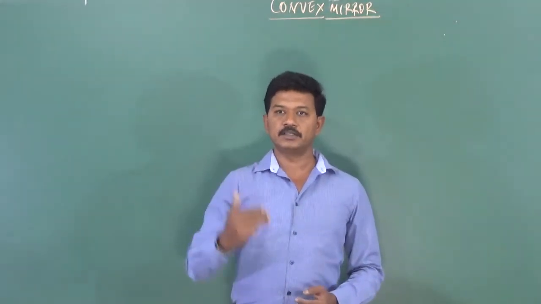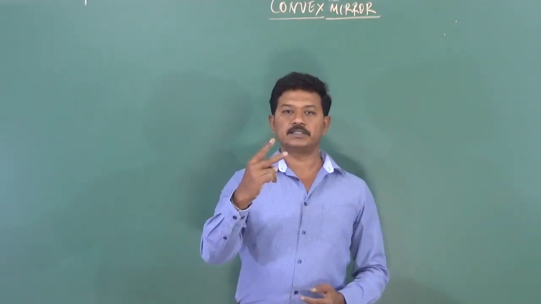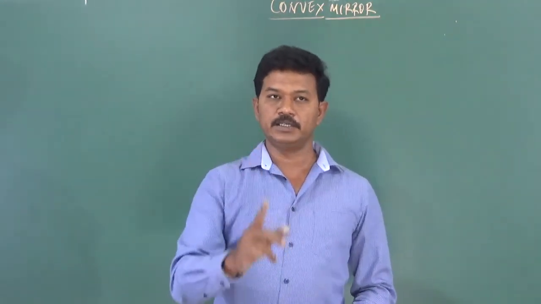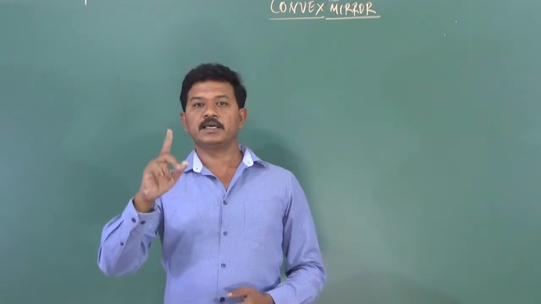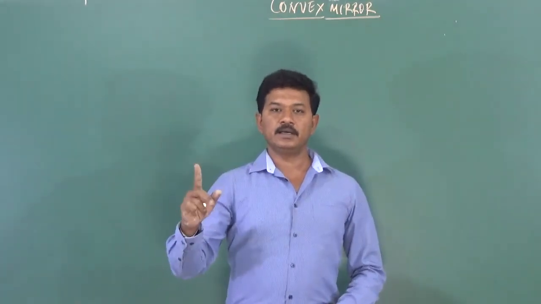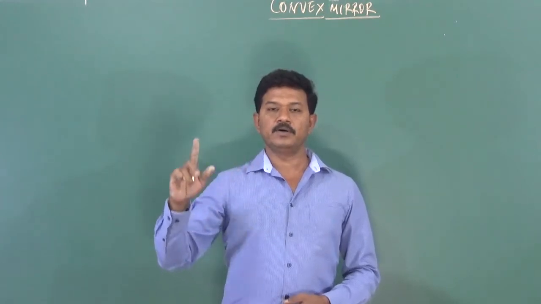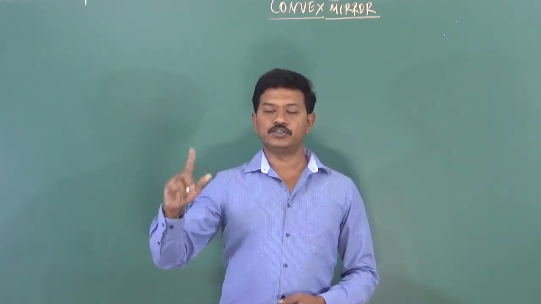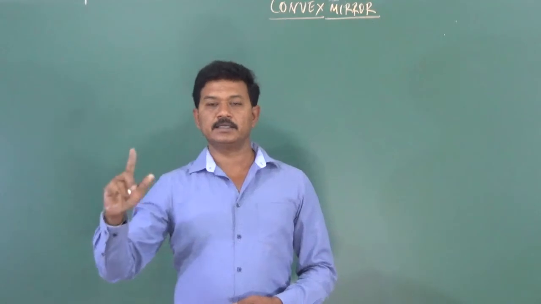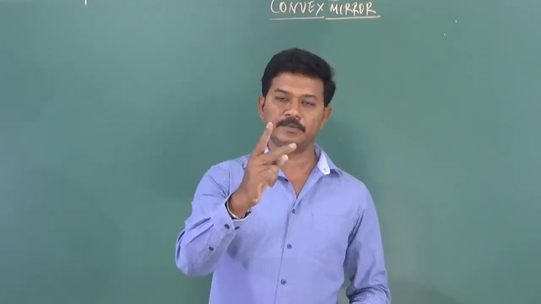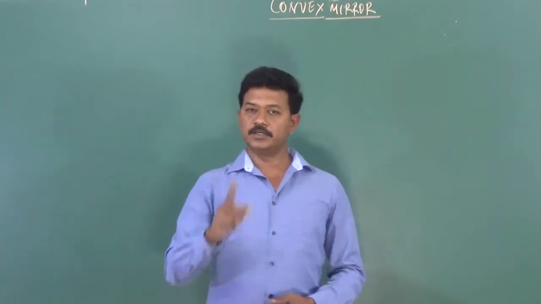Based on this, we have two characteristics of a concave mirror. One is that concave mirrors can form real and diminished images. Concave mirrors can also form virtual, erect and enlarged images. These two properties of image formation by concave mirrors you have to remember.